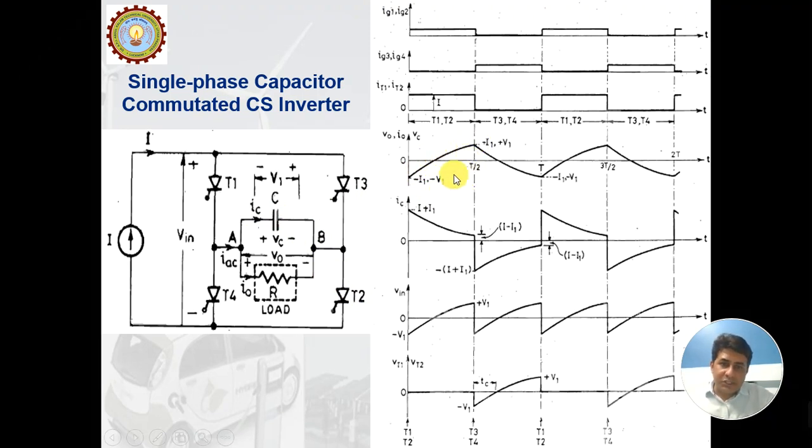So during this first half, the capacitor first discharges and then gets charged with the opposite polarity, and when it gets fully charged at this point, the voltage of the capacitor will have this polarity. In between this time, the capacitor current is continuously decreasing. Why is it decreasing? Because the capacitor will first discharge and then charge in the opposite direction.